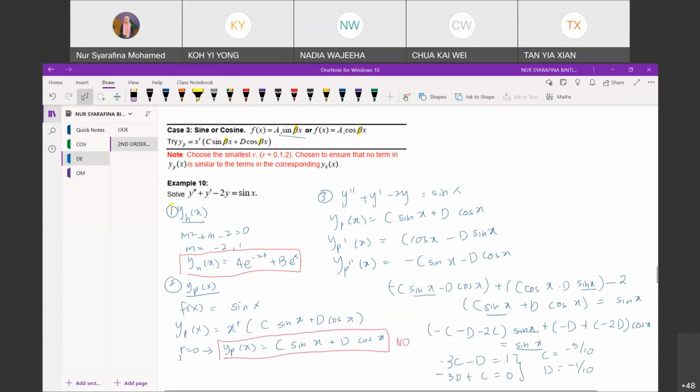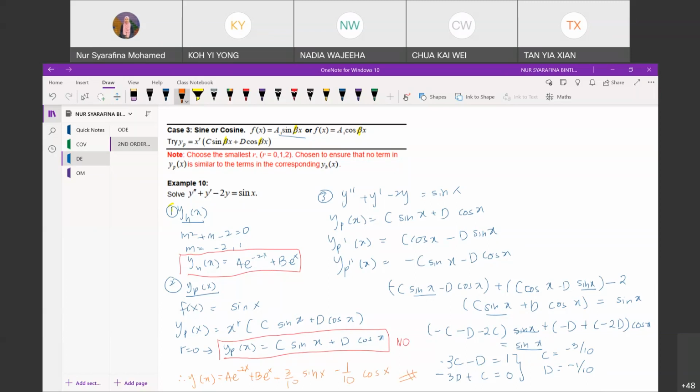Then substitute in your yp. Your y should be a e to the minus 2x plus b e to the x, plus minus 3 over 10 sine x minus 1 over 10 cos x.